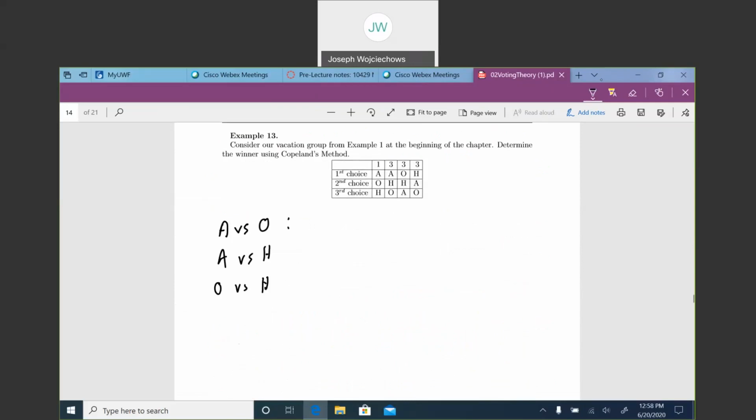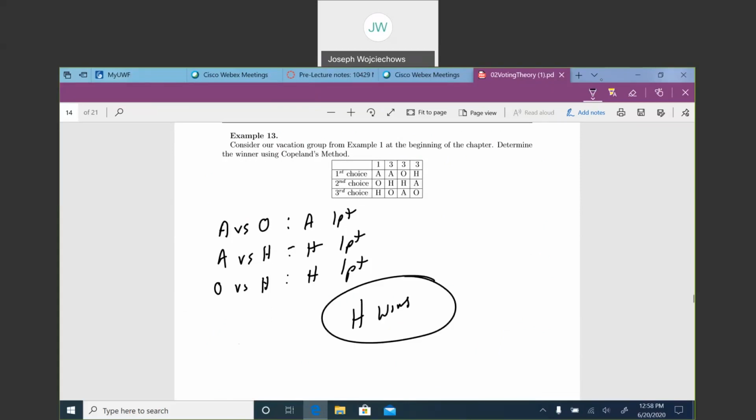So this went to Anaheim to get 1 point. This, however, went to Hawaii to get 1 point. And this went to Hawaii to get 1 point. So Hawaii wins by this method. Again, you can do just like we did with the Condorcet method to figure out who wins which one.